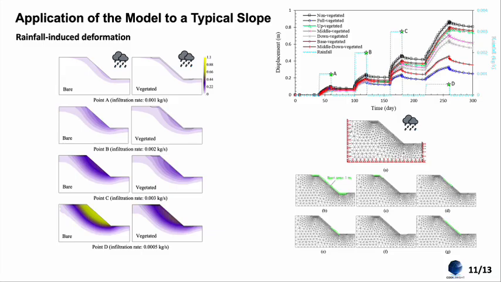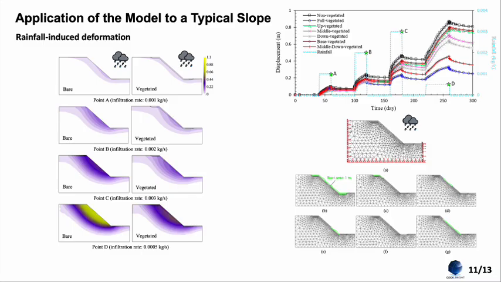In each rain cycle, we have a deformation, but when the rate of rain is higher than the previous one, the deformation has increased. And we try to find the position of the root layer to find how it has an effect on the deformation of the slopes, as well as the stability of the slopes.